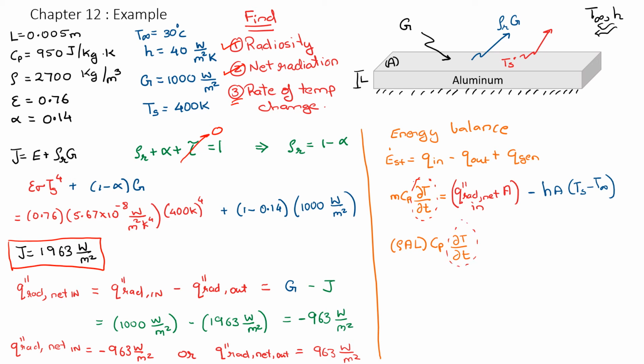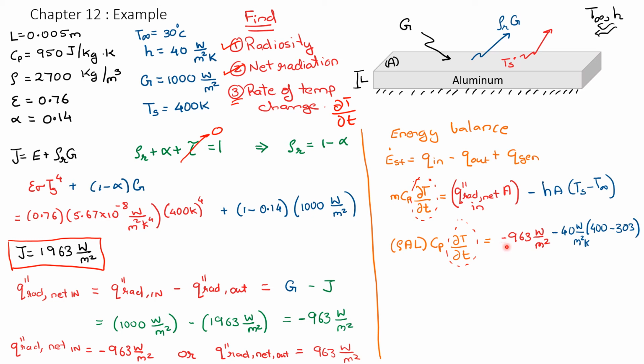We need to find the rate of temperature change. Okay, so this will be equal to, now that I have written here that the Q radiation is in, that's why I'll include the negative sign.